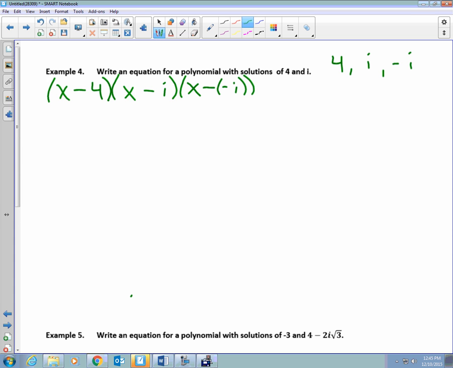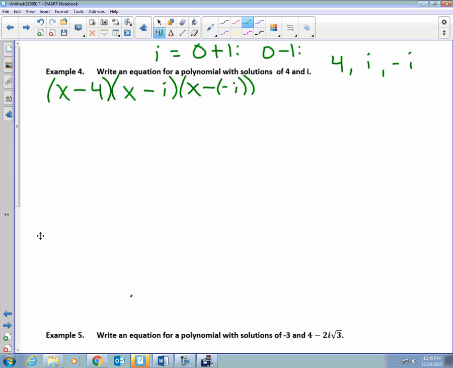Because the fundamental theorem of algebra says if there are complex solutions, if there are imaginary solutions, they must come in pairs. So i is the same as 0 plus 1i, right? That's what that looks like. Its conjugate would be 0 minus 1i, which is negative i. Okay, so that's how we know.